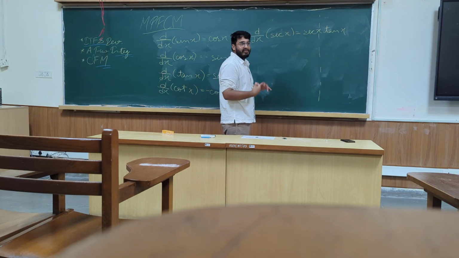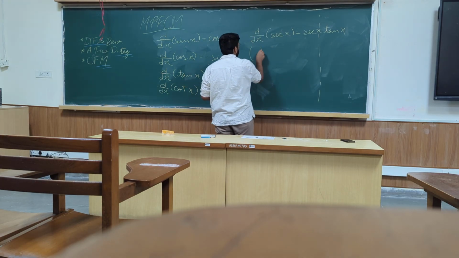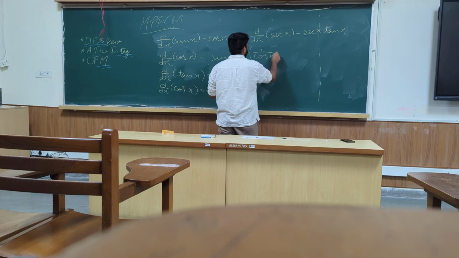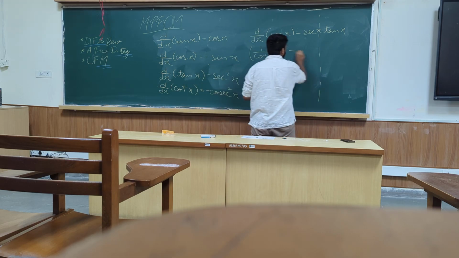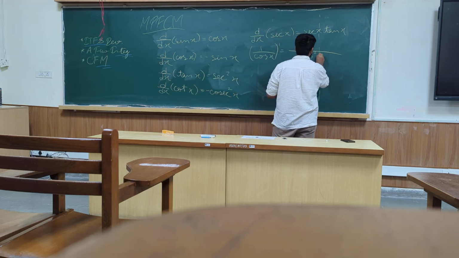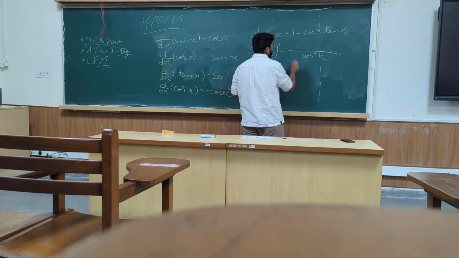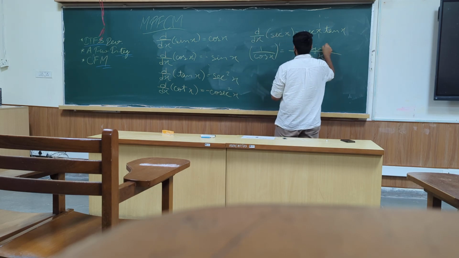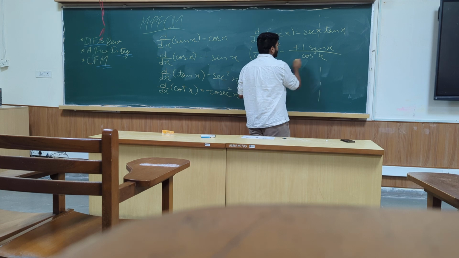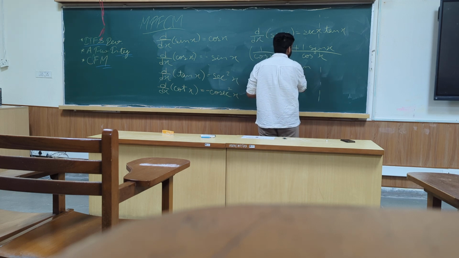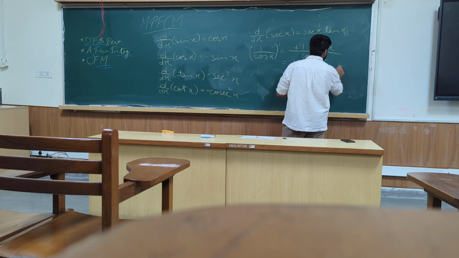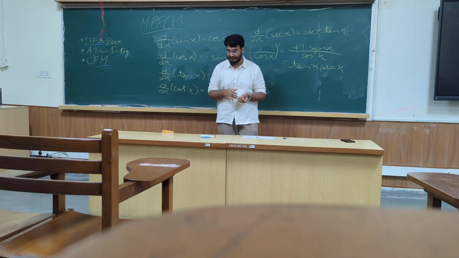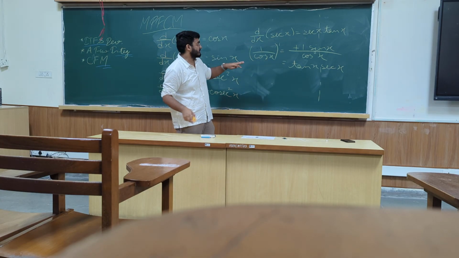But anyways, if you ever find this troubling, all you got to do is write it as 1 over cosine x. The derivative of 1 is 0, minus you will keep 1 as it is, and you will write the derivative of cosine, which is minus sine over cos squared, so sine over cos would be tan, and the left cos can be written as a secant. So you have got tan x secant x. That is how quick you need to be.